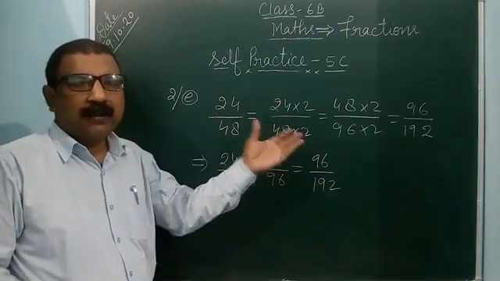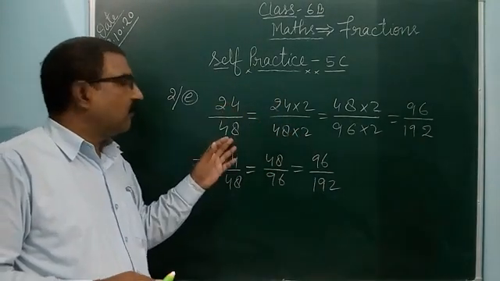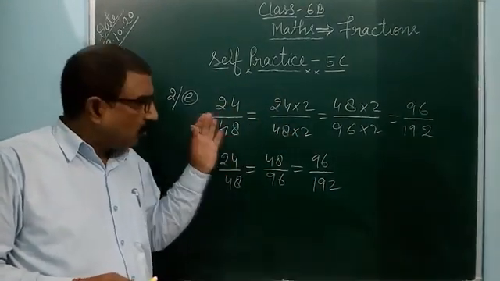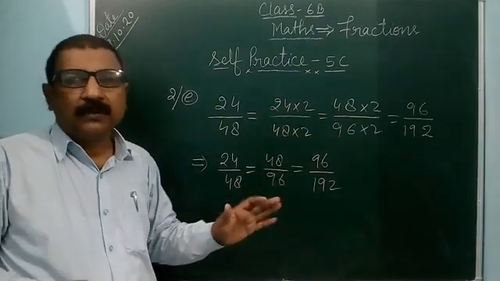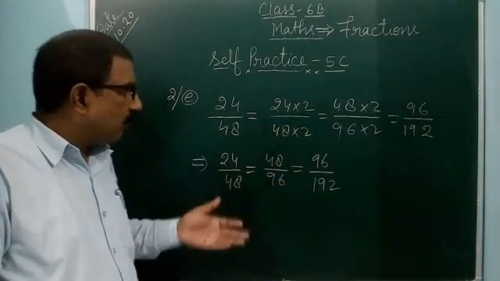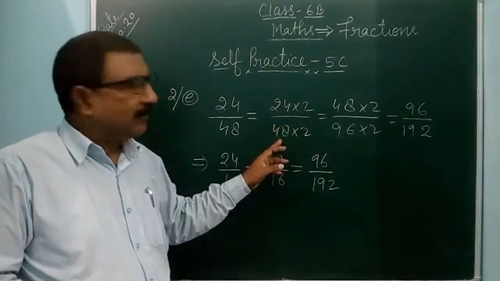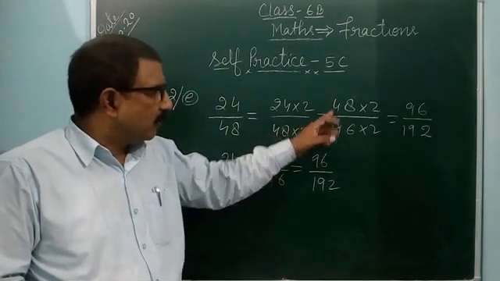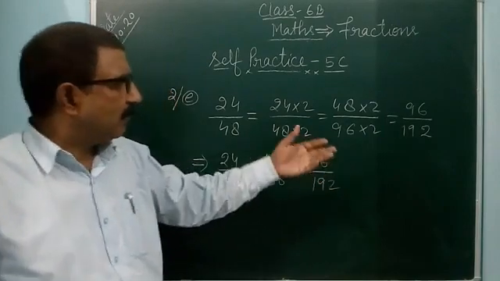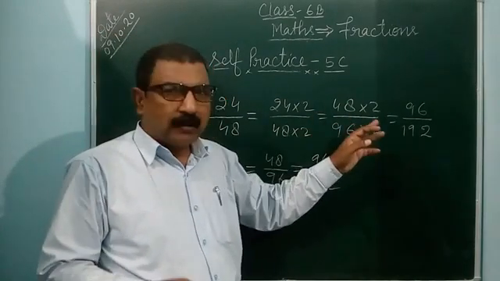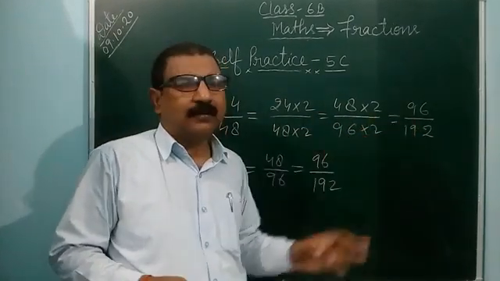Before, I solved by dividing 24 by 48 and reducing to the lowest form, which was also correct. And if you multiply by 2 in both numerator and denominator, you get the fraction 48 by 96. Again multiplying by 2, you can get 96 by 192.